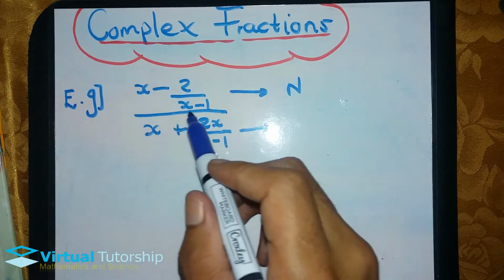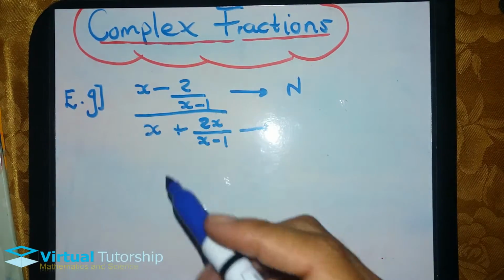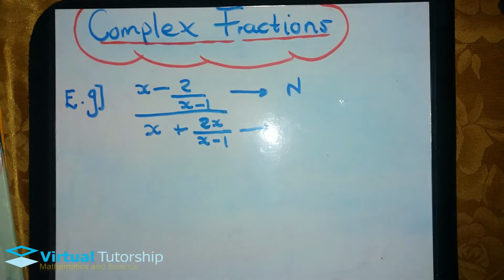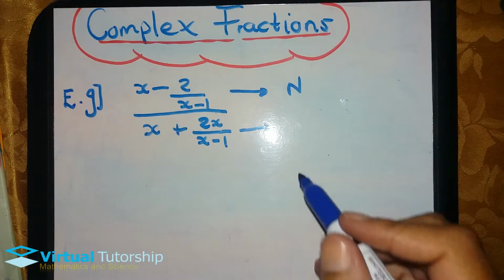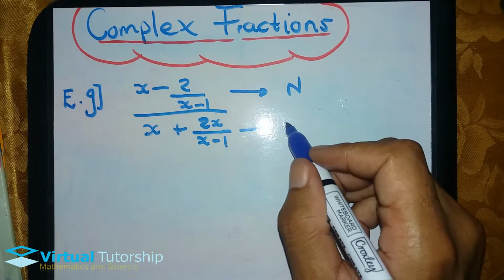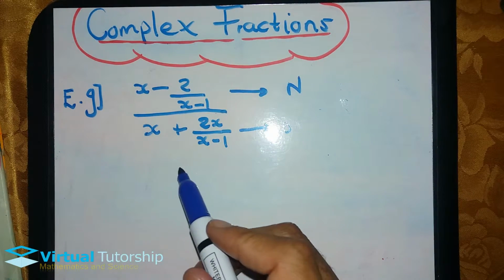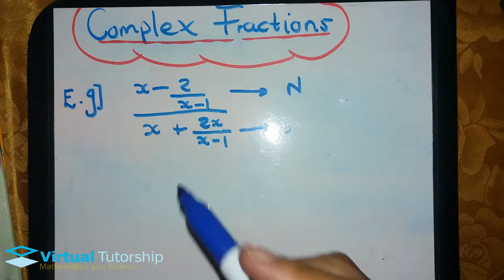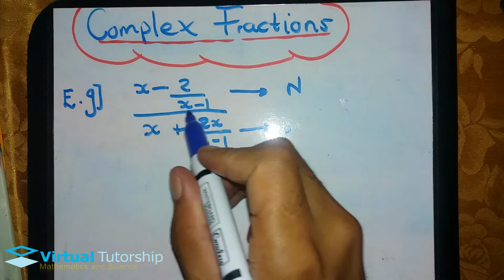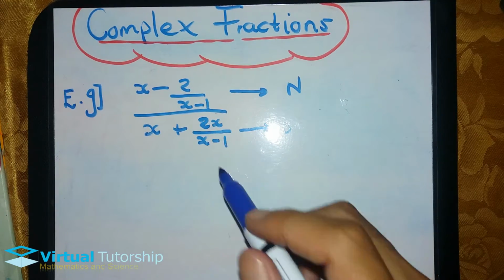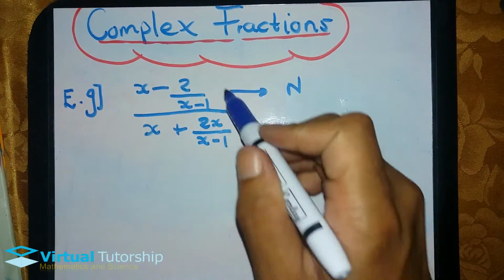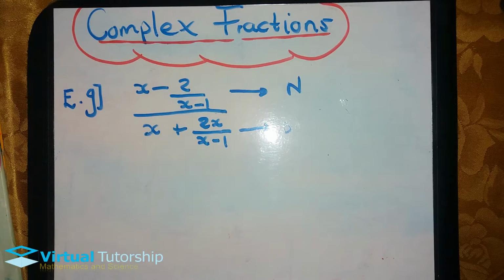So this thing as a whole, this numerator as a whole, is an expression, but inside that expression I have a fraction. And then my denominator is the same story, x plus 2x over x minus 1, which is an expression, but inside this expression I have a fraction. And this whole thing is a fraction too.